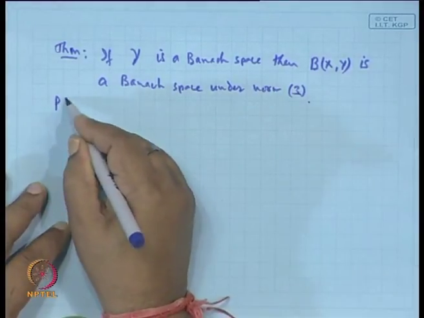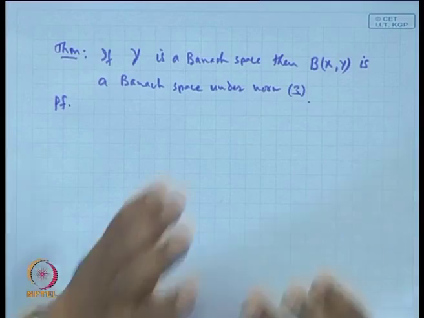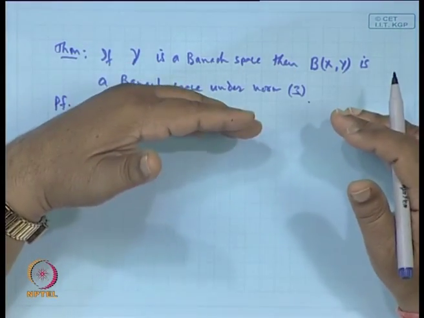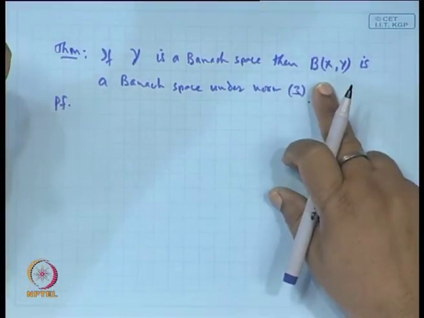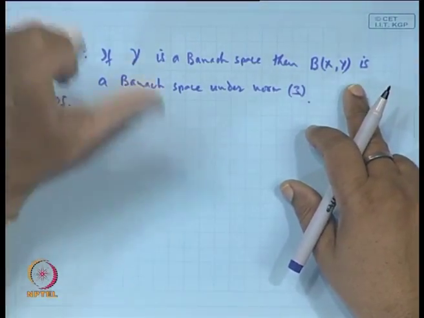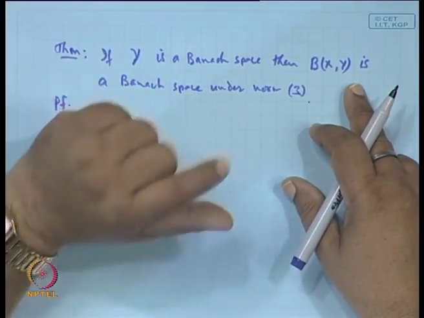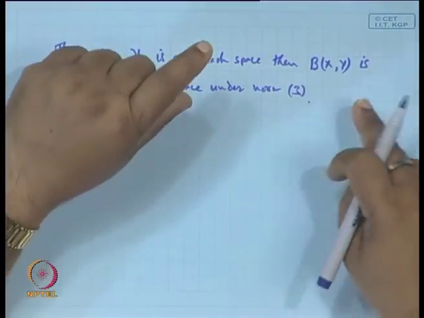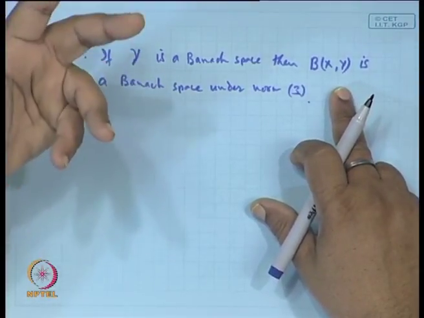So what is required to show here? If y is Banach, you want B(x, y) to be Banach. So you consider a Cauchy sequence of bounded linear operators in B(x, y), and if that Cauchy sequence converges to an operator which is also bounded and linear, with convergence in the norm of B(x, y), then it is a complete normed space.